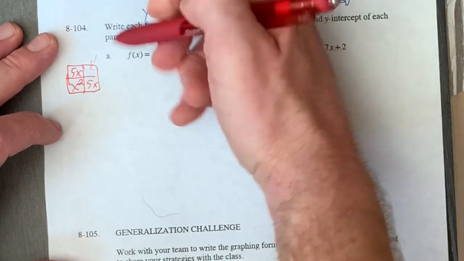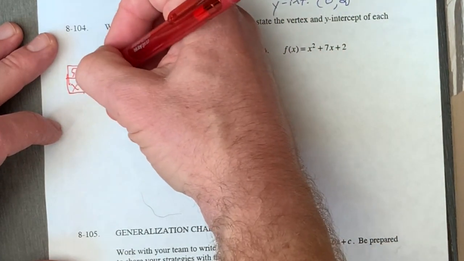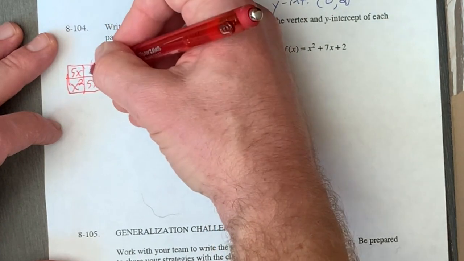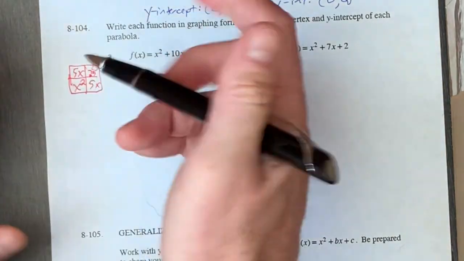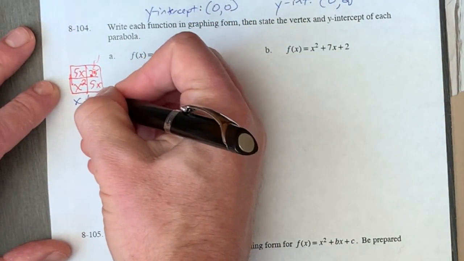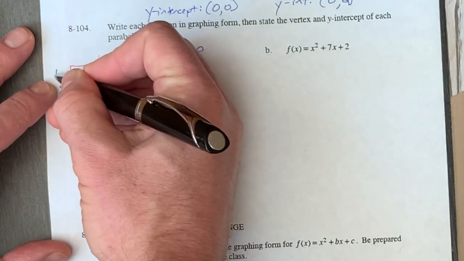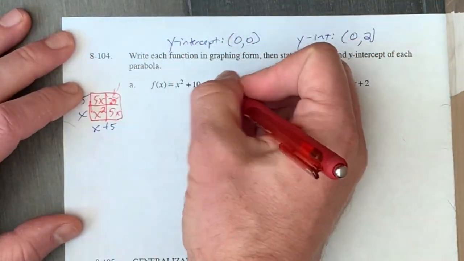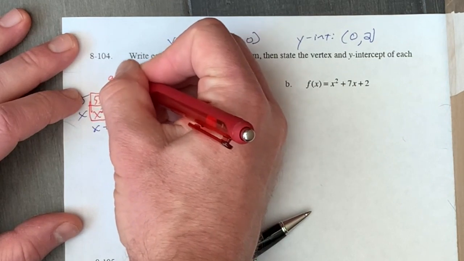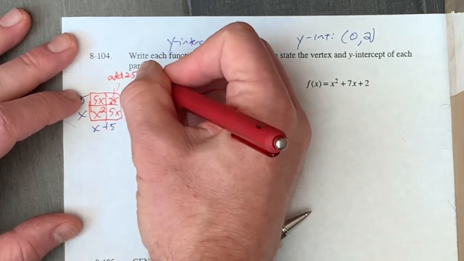So we have 5x times 5x would get us to 25x squared. So here, this would have to be 25 up here. So the perfect square we're trying to get to would be x plus 5 squared. So because we have 0 here and we're trying to get to 25, we need to add 25 to both sides.